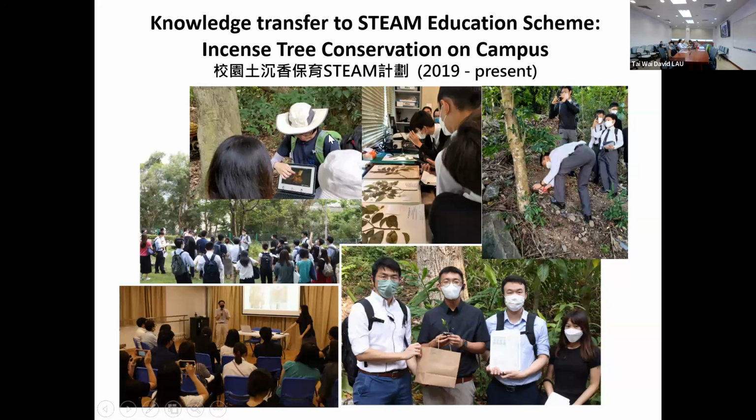And we also collect the seed. And also we have very kind donation from the AFCD, our local government unit, to provide seedlings to local schools so that they have plantation in our school campus. We also have some teacher workshop, field trip, and training discussion session.